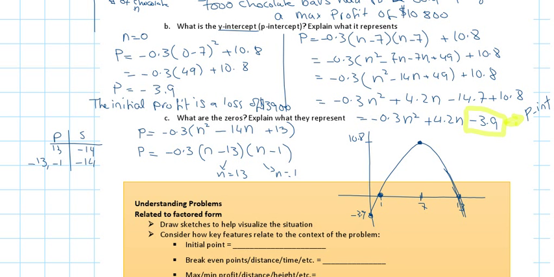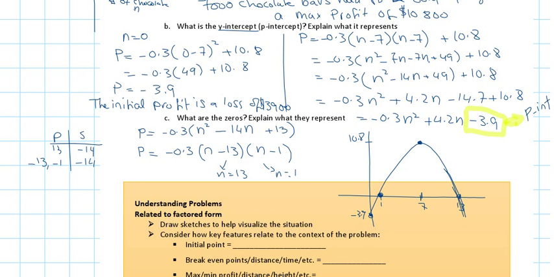Yes. I didn't understand the part when you get the negative 14n and plus 13 to find the zeros. P equals minus 0.3. So I factored negative 0.3 out, and I divided each term by negative 0.3. So I skipped a step myself, right?